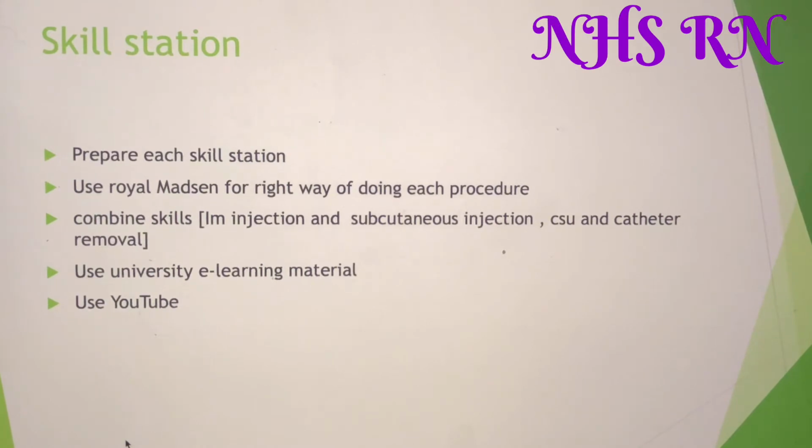If you know what the changes are, then you will learn 2 stations in a stretch. Then CSU or catheter removal or MST, these are things you can combine together and learn.